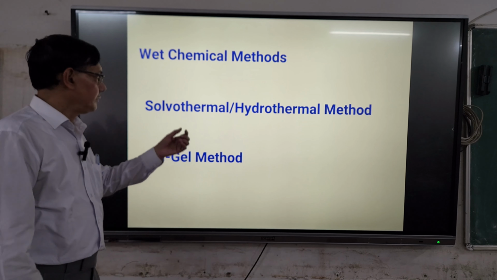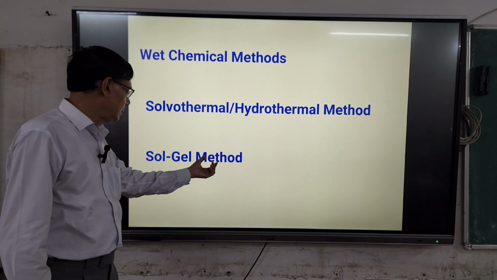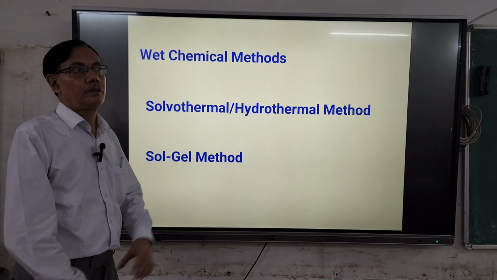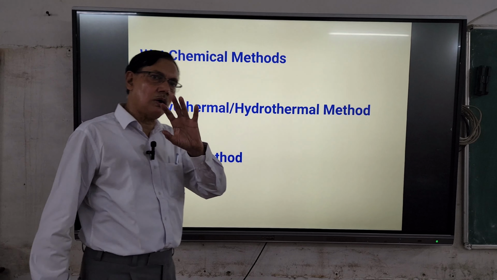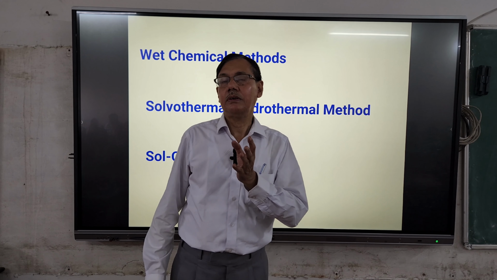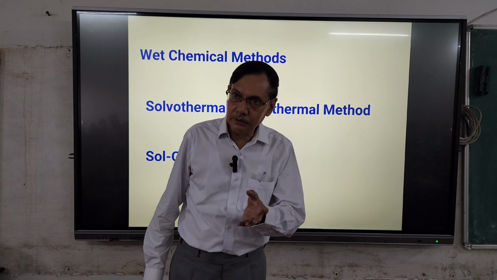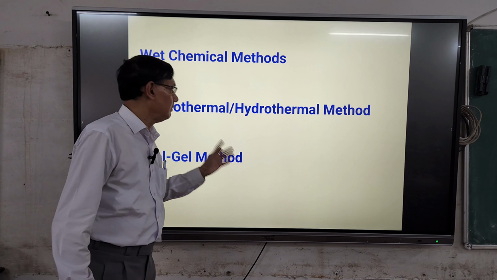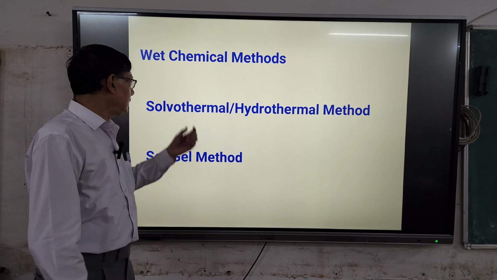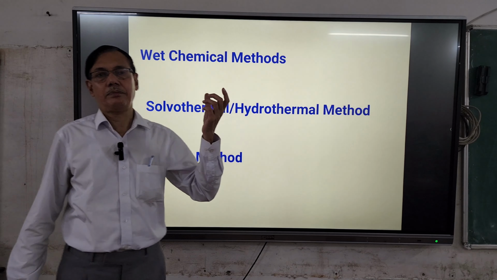And another very important method, if time permits, I will discuss, is the sol gel method. Basically, most of the oxide type of semiconductor nanoparticles can be synthesized with the help of the sol gel method. In addition to that, there are solvothermal and hydrothermal methods.